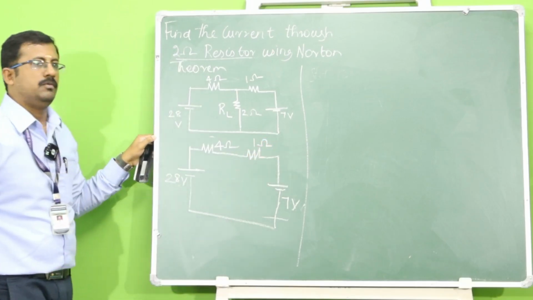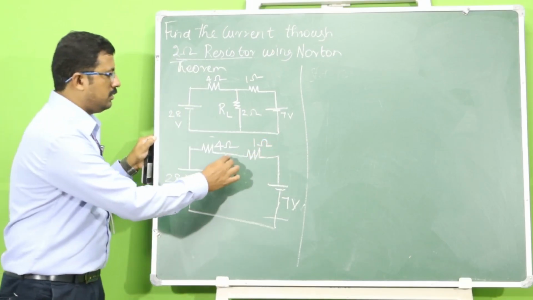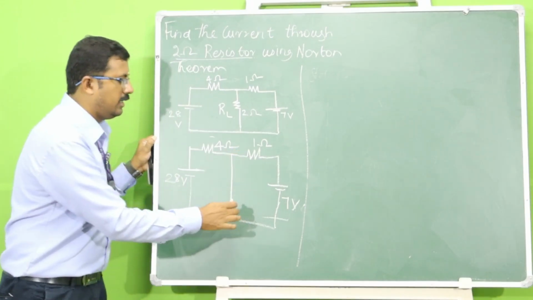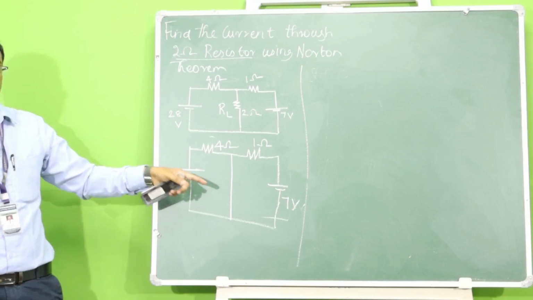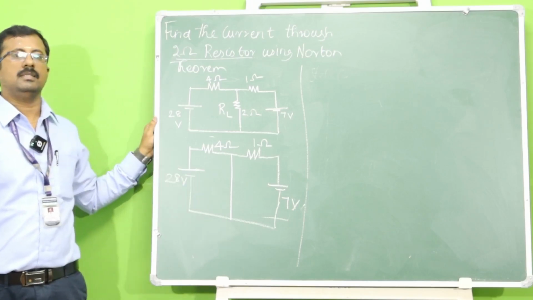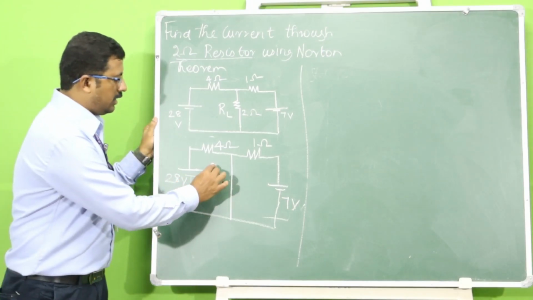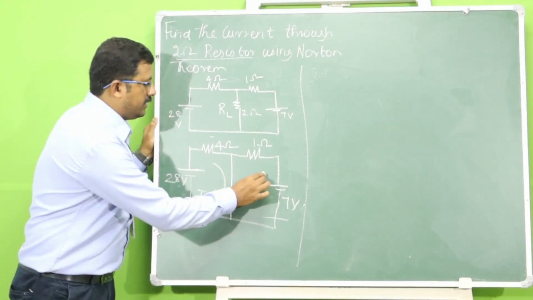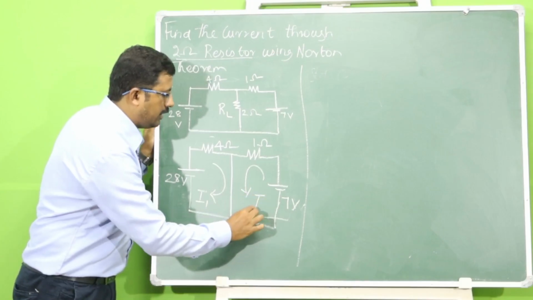For this step, to find the value of In, you have to short circuit the terminals A and B. So this is my terminal AB, you have to short circuit this point to find Norton's current In. Just observe here, we have 2 loops, the first loop current is considered as I1, and for the second loop the current flowing is I2.